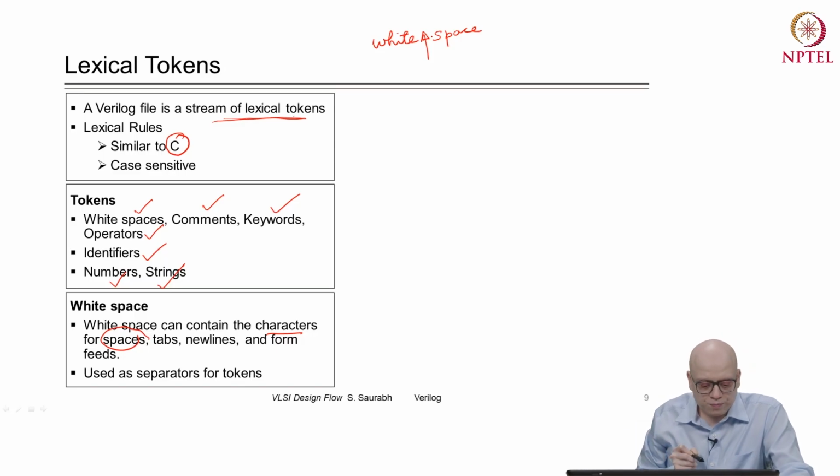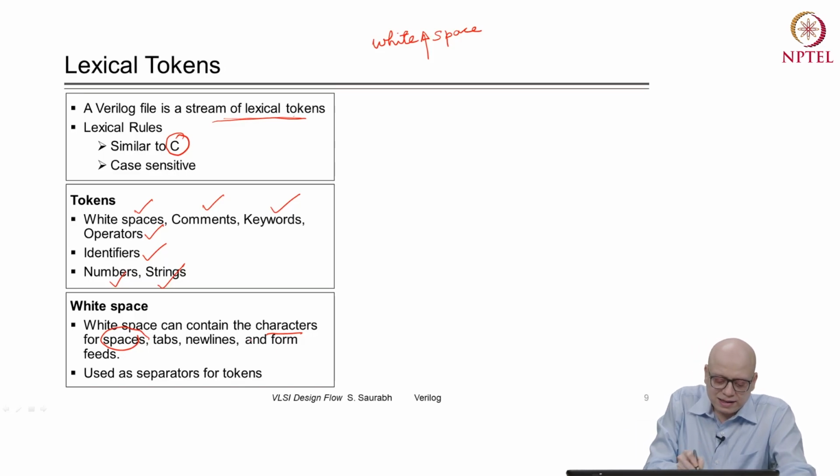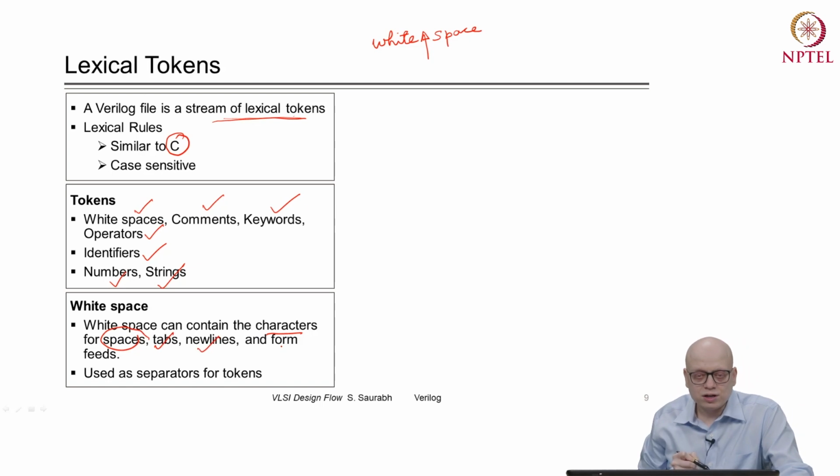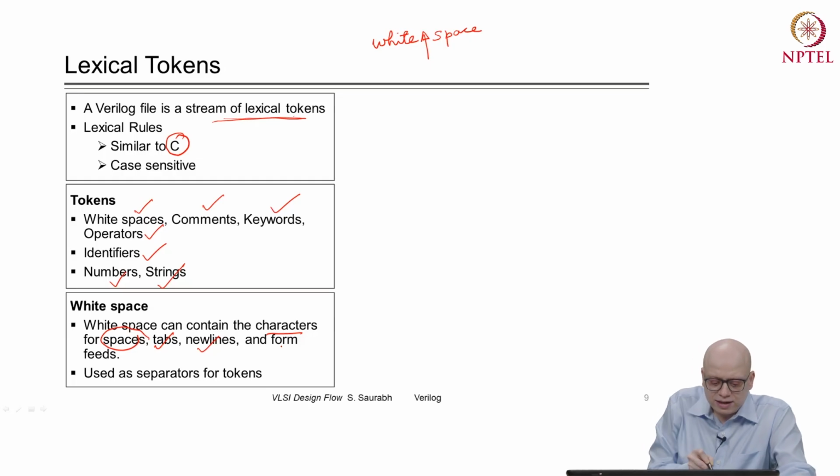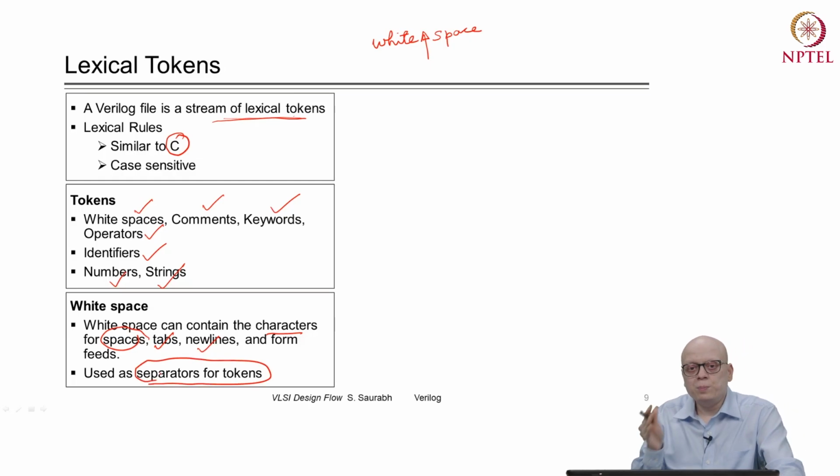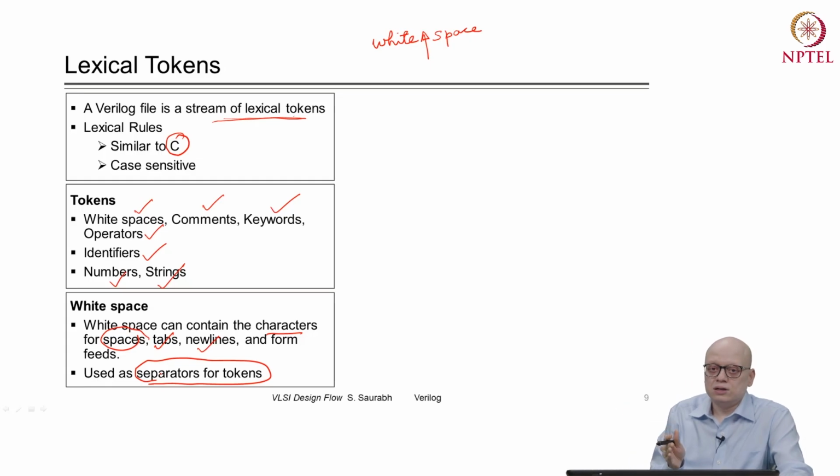White space can contain spaces, and it can also have tabs, new lines and form feeds. What is the role of white space? It is used as a separator for tokens. We break the Verilog file into various tokens with the help of white space.